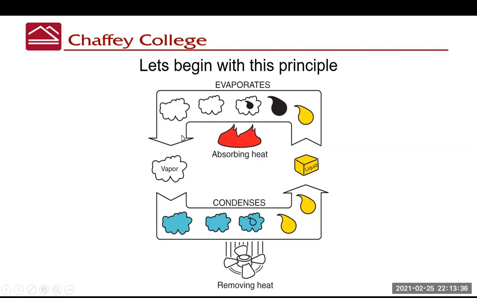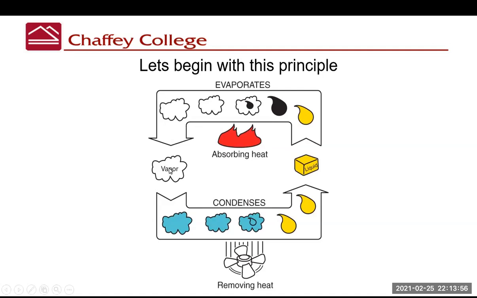The reason it boils into a vapor is because it absorbs heat, and that heat causes the molecules to be more and more active. And in fact, the liquid has now reached a higher state now that it's a vapor.